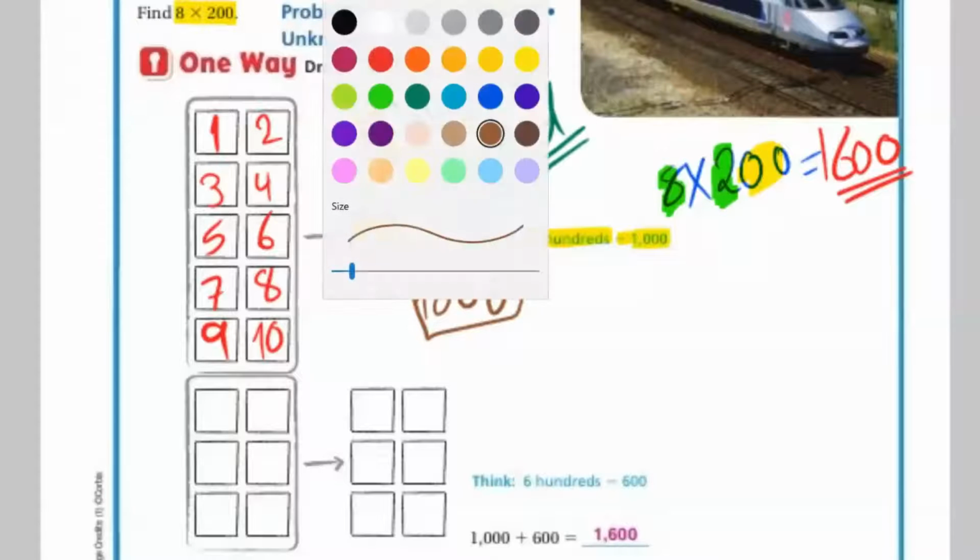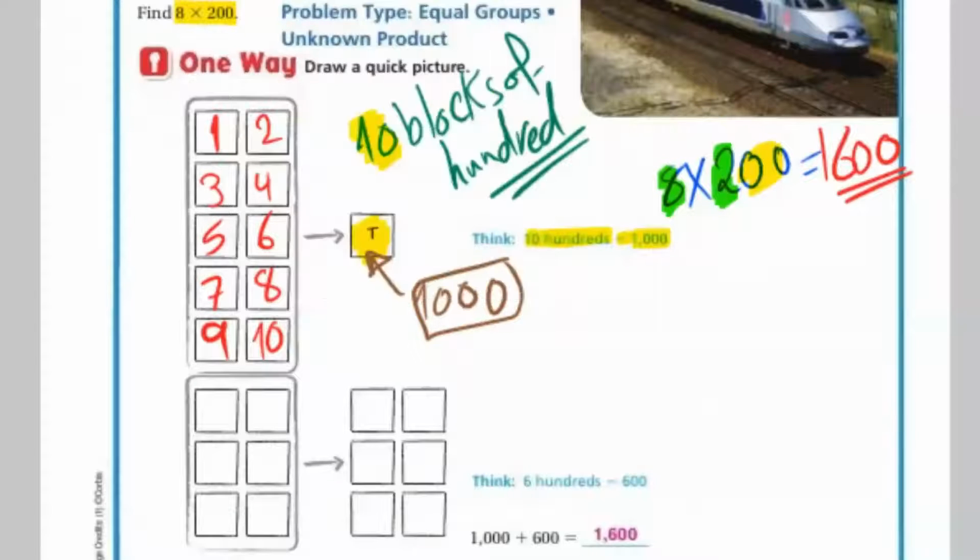Okay, let's see the next one. We also have 6 blocks of 100, right? Let's count it. 1, 2, 3, 4, 5, 6.